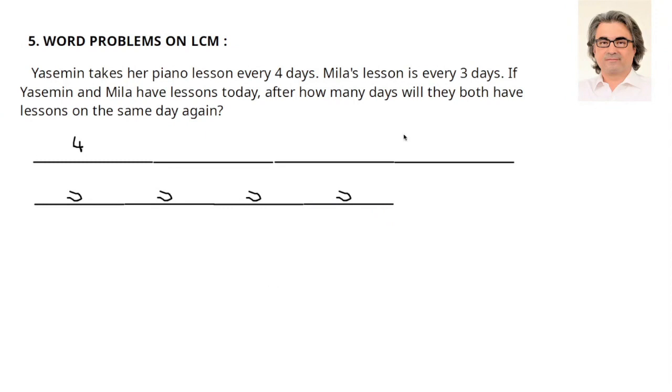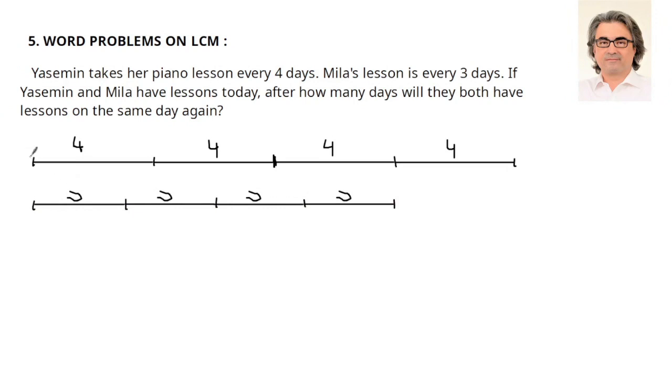Now let's write here 4, 4, and 4. Now separate each 4 days representative from each other by making this 3, 3, 3, 3, and 3.